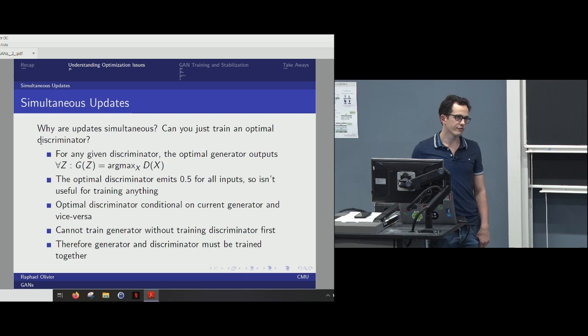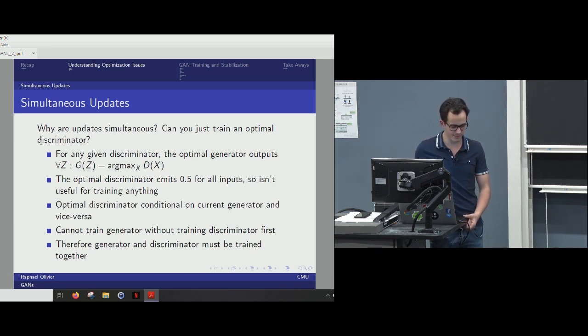And if you think, yeah, but if we have the optimal discriminator, the one that's absolutely perfect, and if it's a real image, it's going to output something, and if it's not, it's going to output something else. But we mentioned last time that the optimal discriminator is one that's going to emit 0.5 for everything.